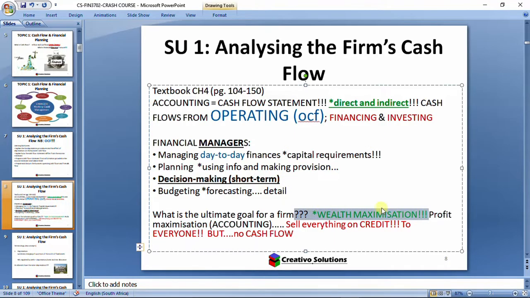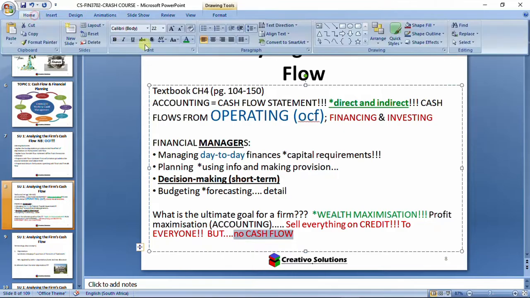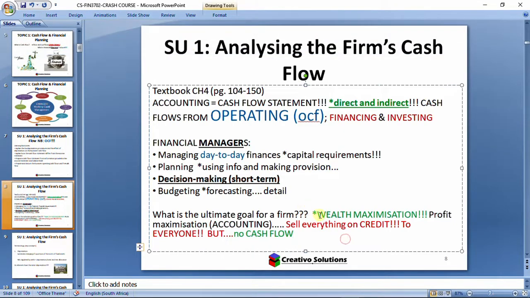You've raised more capital to buy more stock, to give more of it away without any payment. So cash flow is going to be affected. That could actually harm the business rather than help the business. If you're selling everything on credit and you're not going to collect any of the outstanding amounts, you're going to end up with bad debts.